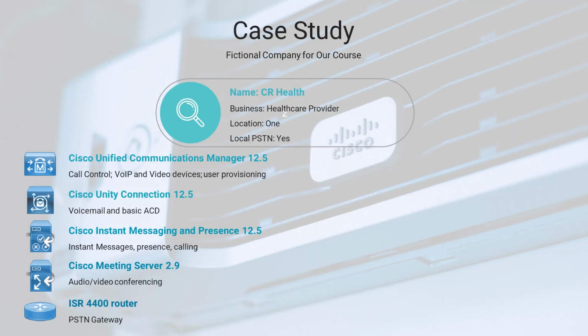Let's say we have a company called CR Health, a healthcare provider with a single location and a local PSTN. We are going to have a Cisco Call Manager 12.5, a Cisco Unity Connection 12.5, a Cisco IM&P 12.5, Cisco CMS, and a PSTN gateway.